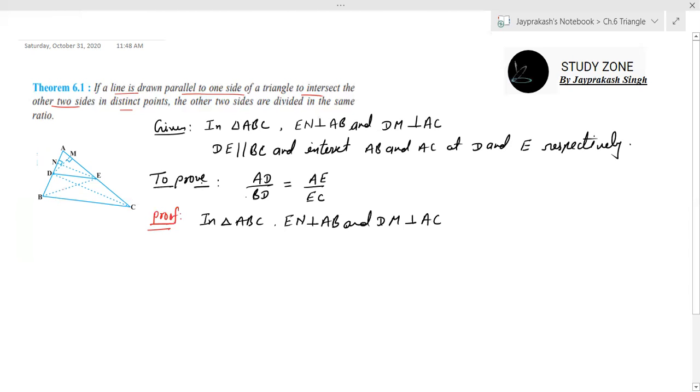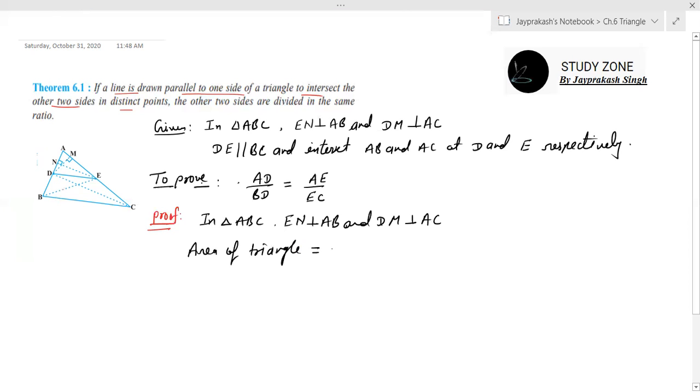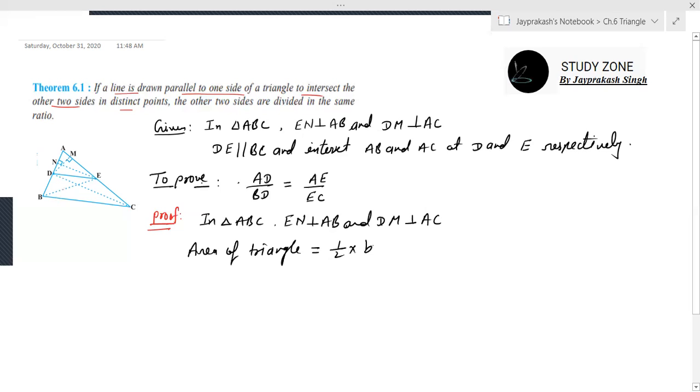Now we know that the area of a triangle is equal to half base into height.